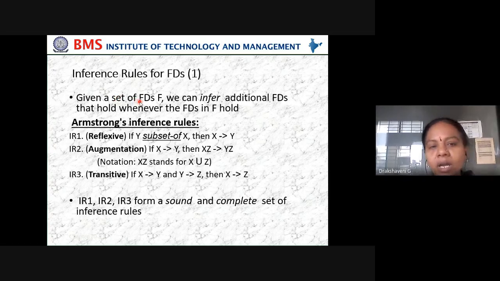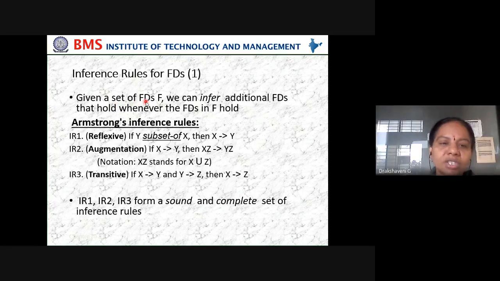Given a set of functional dependencies F, we can infer additional functional dependencies that hold whenever the functional dependencies in F hold.